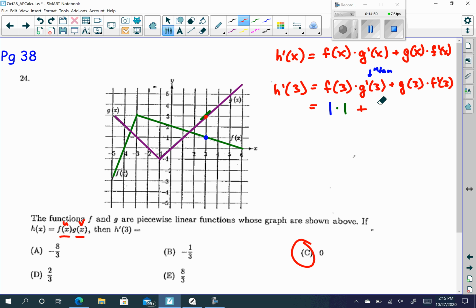So g of 3 is actually 3. And now f prime of 3, I want to find the slope right here. So I have to do a little bit more work. I can come back to the graph right here, so that looks like it's a negative 1/3. So now I'm getting 1, and 3 times a negative 1/3 is a minus 1, so we get 0. But we had to know how to read the graph in this situation.